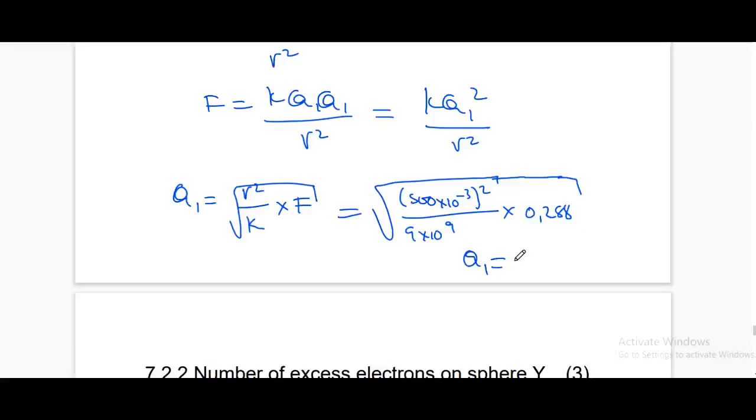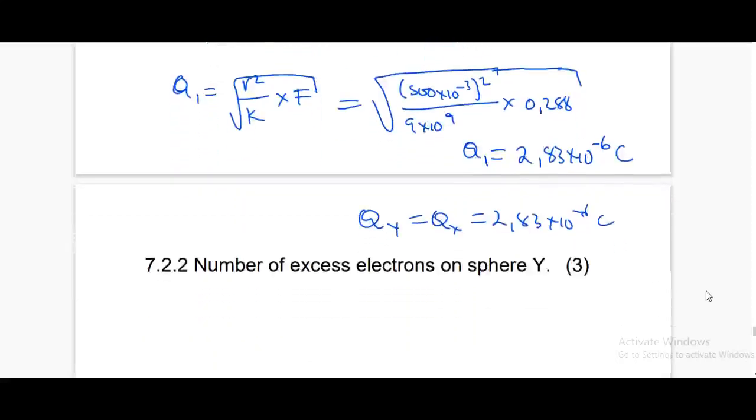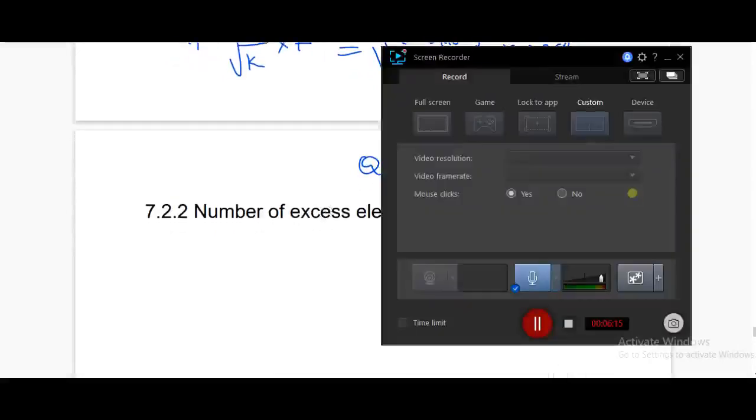So I have 2.83 times 10 to the power minus 6 coulombs. The charges Qy and Qx are equal to that, 2.83 times 10 to the power minus 6 coulombs. So we have answered the question. This is the magnitude of those charges.